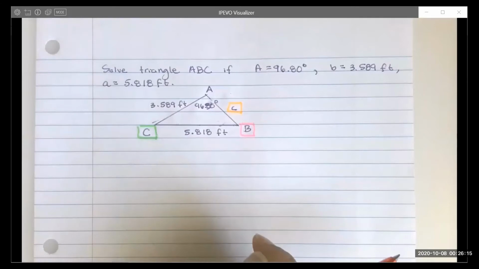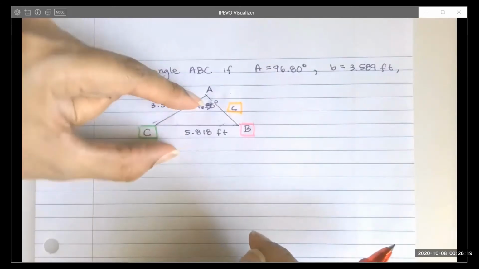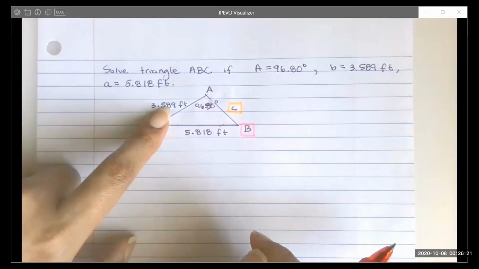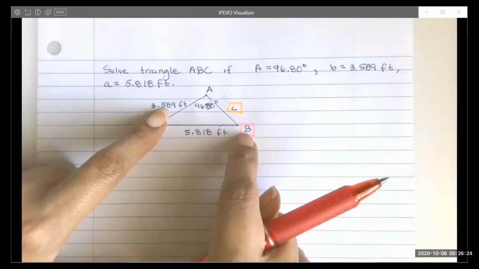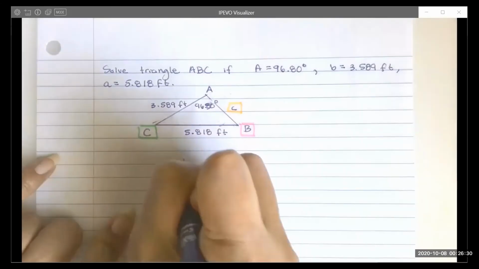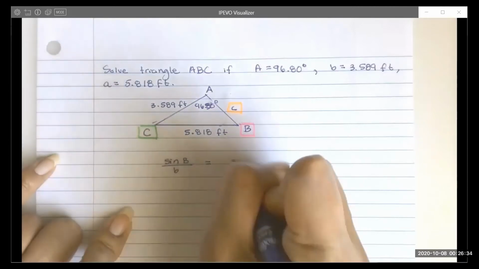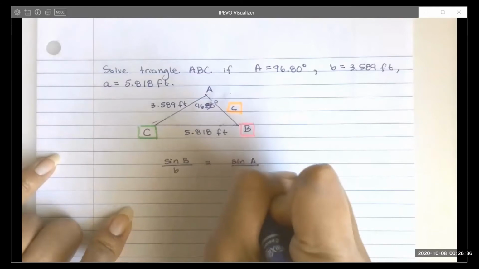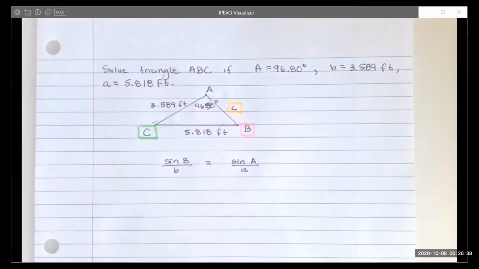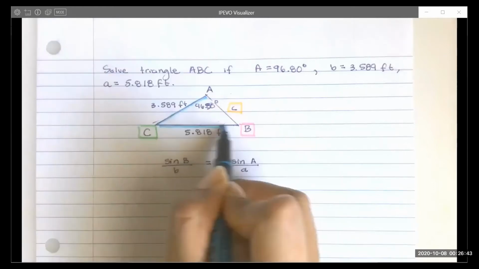Okay, since I have angle A and side A, and I know side B, I can find angle B using the law of sines. So I'm going to do sine of angle B over side B is equal to sine of angle A over side A, because this information is given.